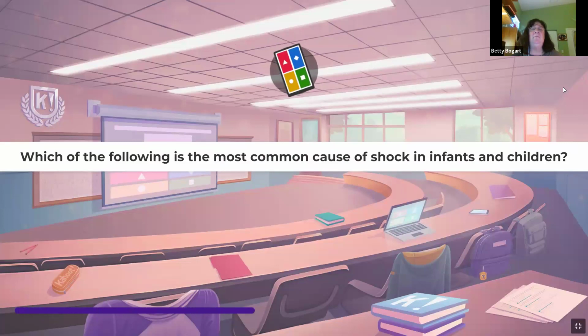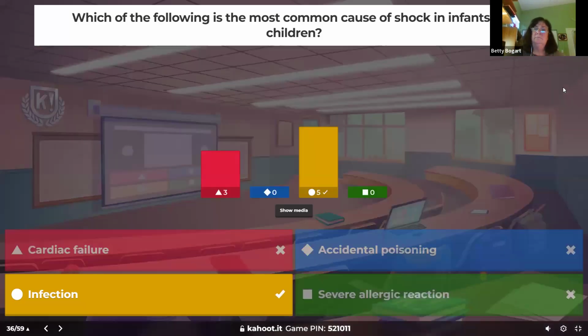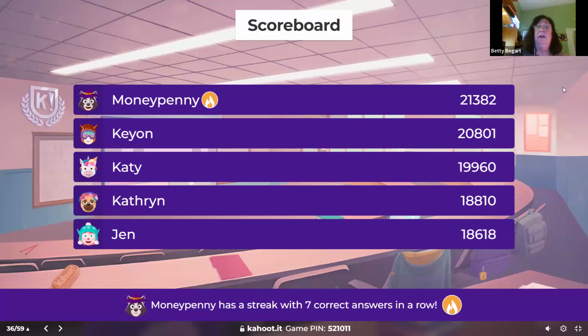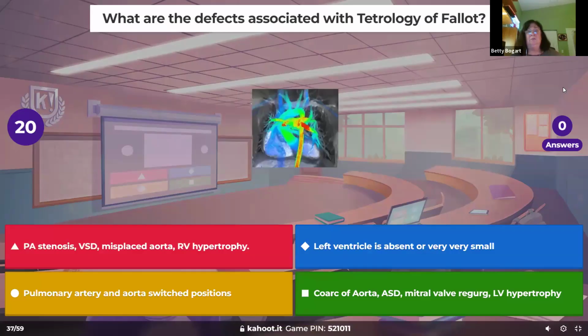Which of the following is the most common cause of shock in infants and children? And it's infections. Overwhelming sepsis is what causes shock in children and infants. What are the defects associated with tetralogy of Fallot?